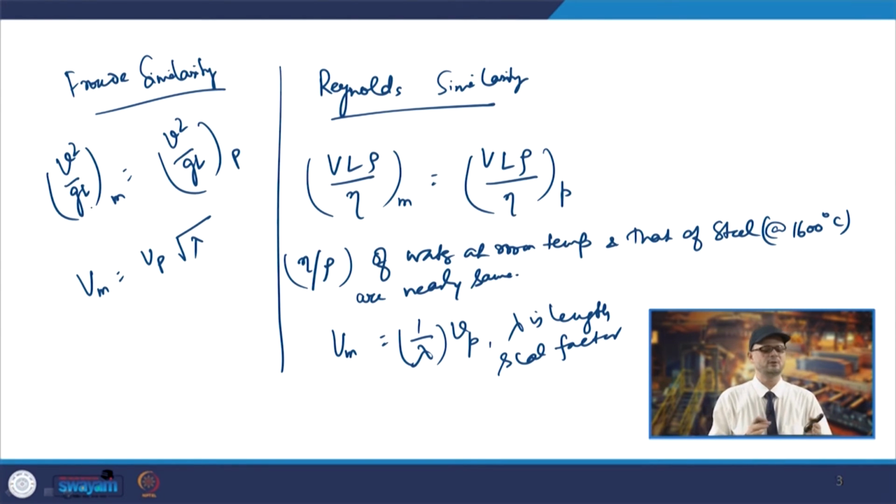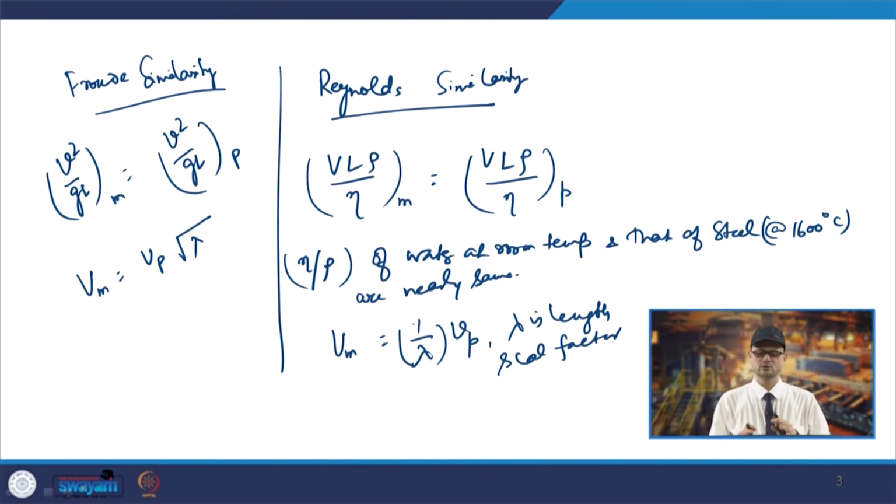Now, you are getting Vm equal to Vp under root lambda using the Froude similarity, and using the Reynolds similarity you are getting Vm as 1 by lambda Vp.